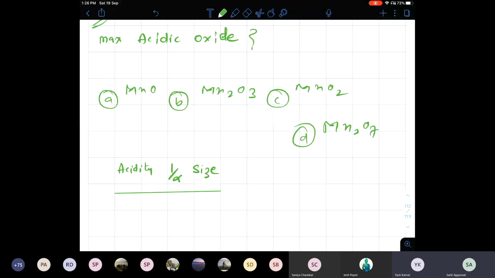So in Mn plus 2, it has lost minimum number of electrons and Mn plus 7 has lost maximum number of electrons, it is left with nothing. So it cannot donate. Sir, your voice is breaking. I have said more the charge, more easily it can accept electron.